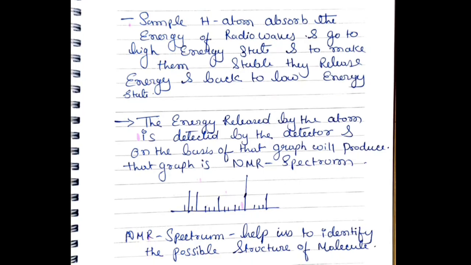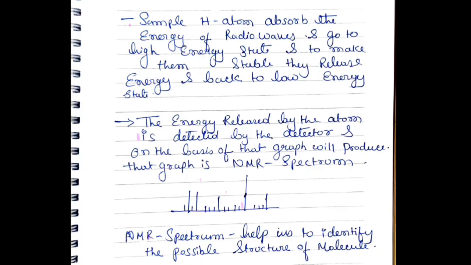What happens when the radio frequency generator produces radio waves? These waves have energy, and this energy is absorbed by the hydrogen atoms present in the compound. By absorbing these radio waves, the hydrogen atoms go from a lower energy state to a higher energy state. They shift, and in the higher energy state they become unstable.